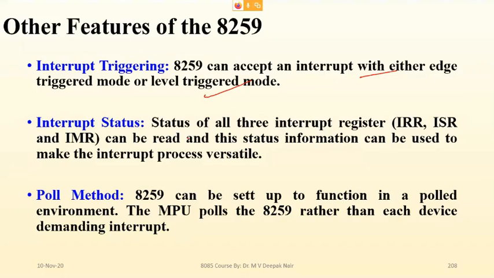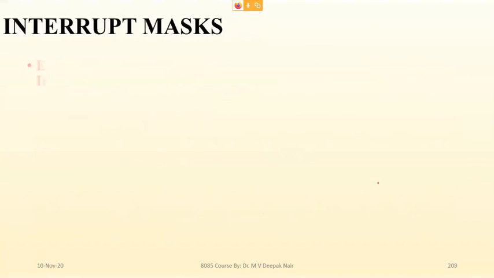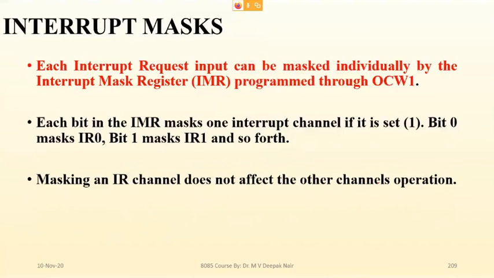This is one of the features, and we can check the status of a particular interrupt, whether it is being served or not, by reading the status information. With the polling method, the 8259 can be set up to function in a polled environment. We can mask the interrupts using the IMR. We have discussed all these things. Each bit in the IMR can be set or reset to tell which of the lines are being masked or unmasked.